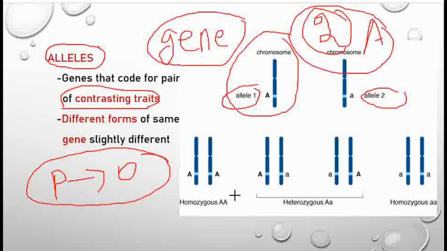It can either be homozygous or heterozygous. As I said, the two alleles come from the two parents, allele 1 and allele 2.